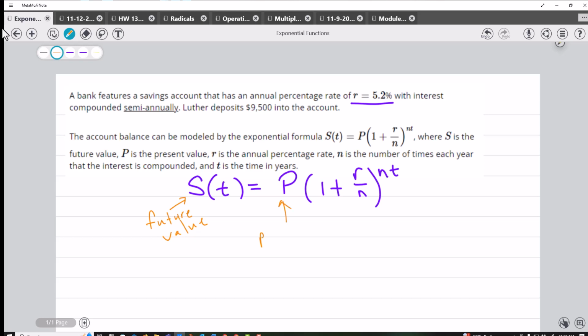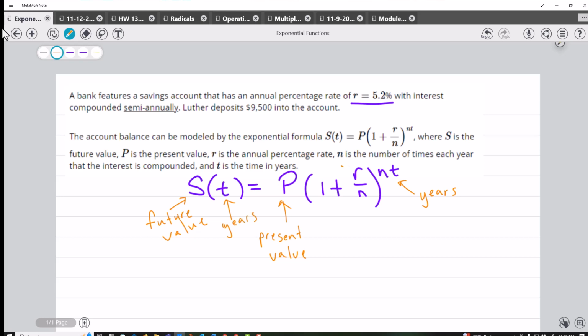The P, typically you hear it called present value. And then the t, here and here, it's very important that it's always in years.